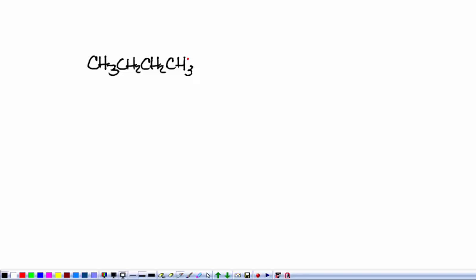And the answer is 2. There would be 2 peaks in the NMR spectrum of butane. Or, I'm going to bust that next week. But there would be 2 sets of chemical shifts in the NMR spectrum of butane.